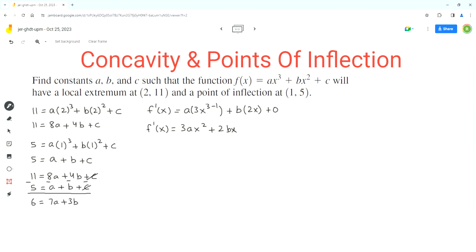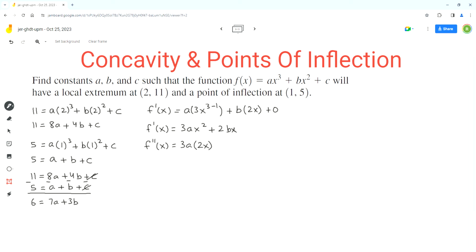Now we can find the derivative of f prime of x to get the second derivative of f(x). So f double prime of x equals, in the first term 3a is a constant and it's the coefficient, so it will stay as it is, and the derivative of x squared is 2x.